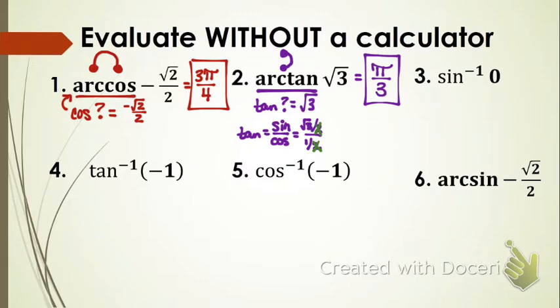Arc sine. What part of the unit circle am I looking at? 1 and 2. I know it might seem silly, but I draw my little arcs here so that I know where I'm looking. It reminds me I'm not looking at the whole circle here. Where is this?